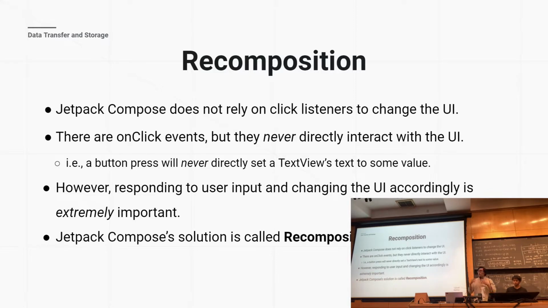A button press can never directly set the text value in a text field, for example. However, we still have a way of responding to a user input and then changing the UI accordingly, right? And this is where recomposition comes in, right? So what does it do?